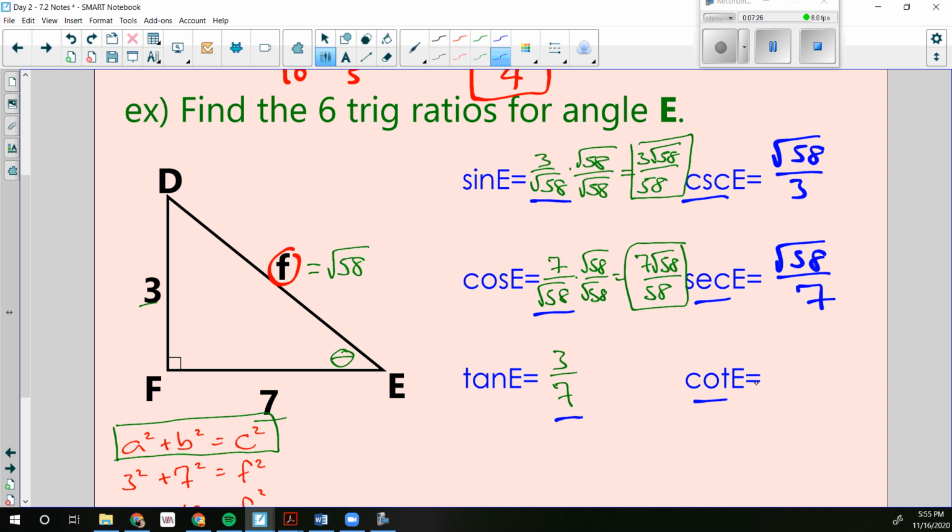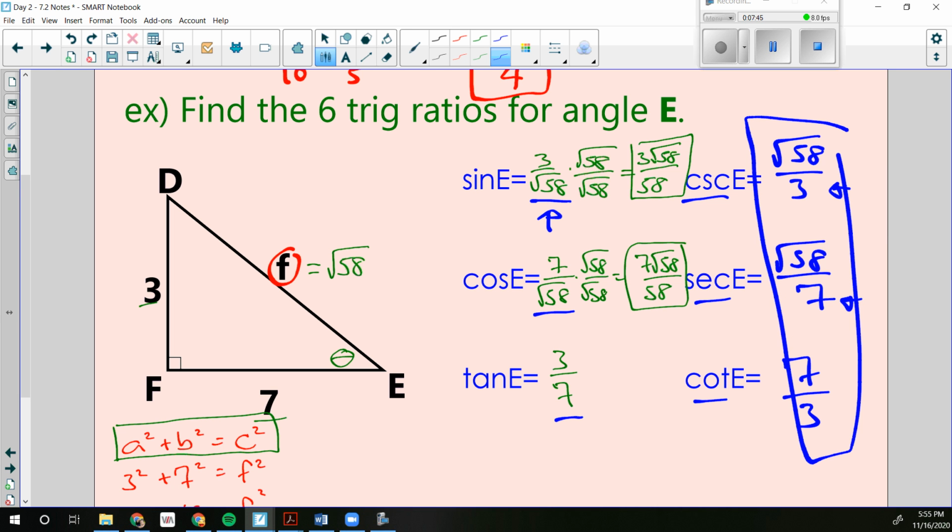And lastly, cotangent of e is just 7 over 3. The reason I wanted to do that from the beginning, from my first ones, is because when I flip it now, the square root will be in the numerator, and I don't have to rationalize any denominators. They're all just whole numbers here, here, and here. Okay, so those would be our trig ratios.